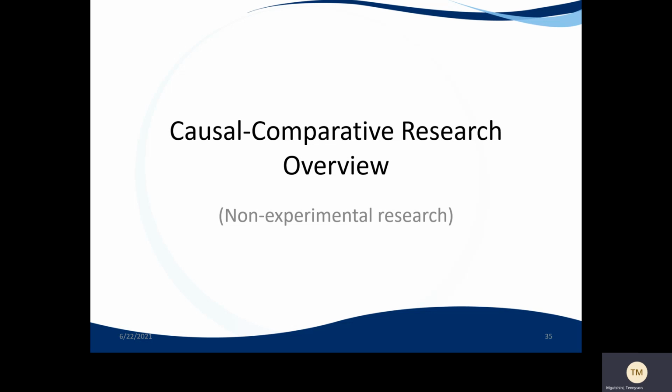Now, we've spoken about correlational research. Its sister or similar non-experimental option is causal comparative research. This is very similar to correlational research, with just one or two standout differences that are captured in the slides that follow this one.